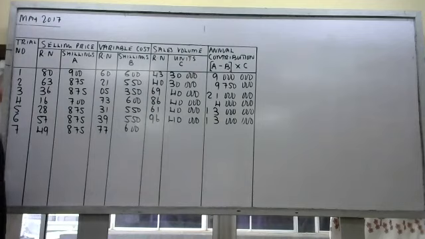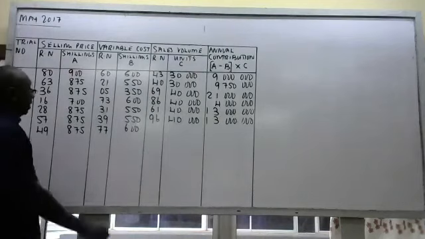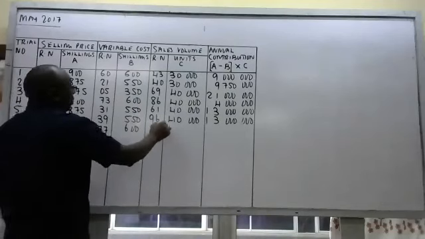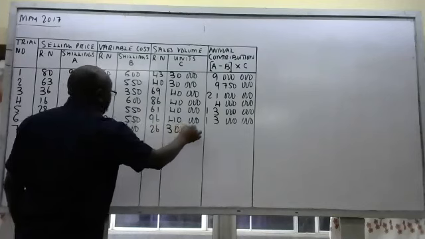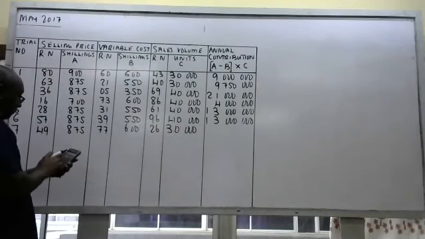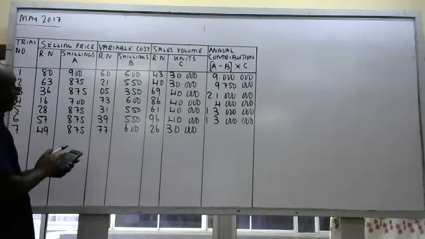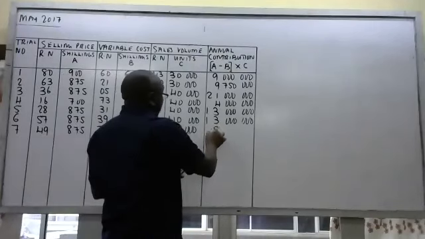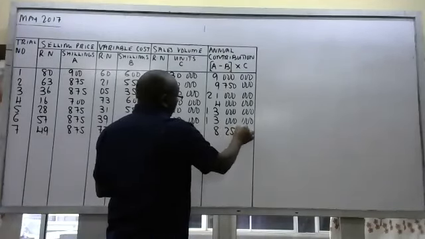Then, oh, the next one is 26, eh? 26 is giving us how many? 30,000. So 875 minus 600 multiplied by 30,000 is 8,250,000. Yeah?